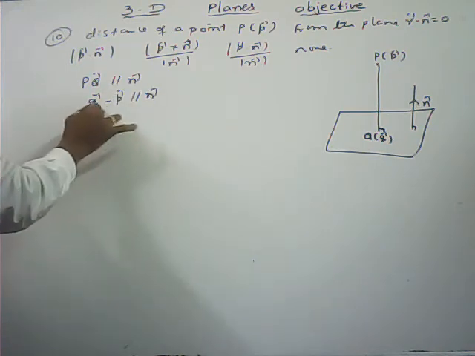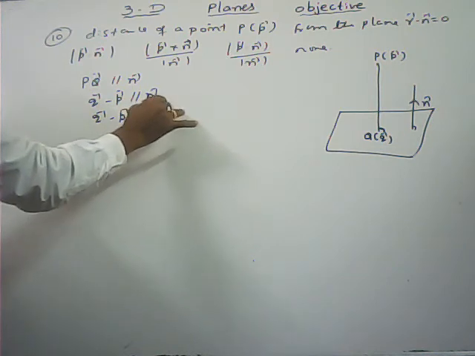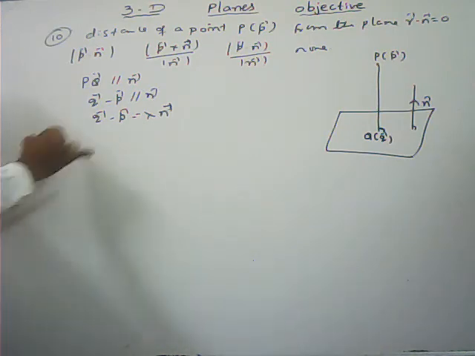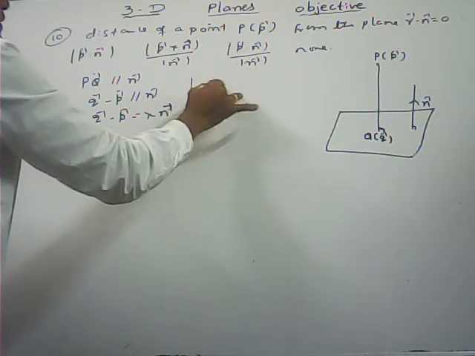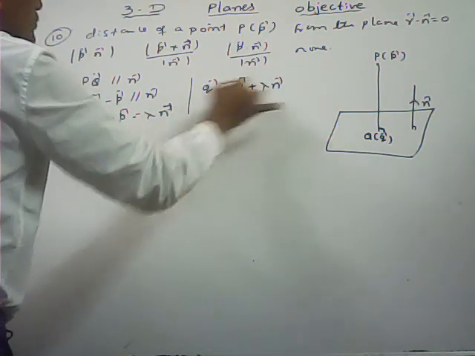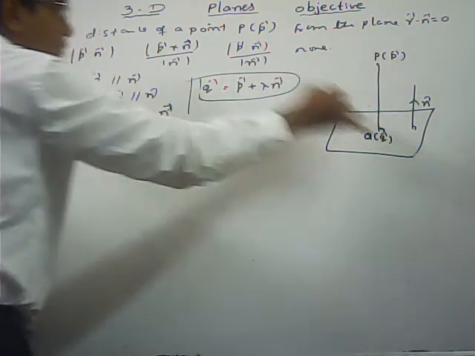Means Q bar minus P bar is equal to lambda into N bar. If two vectors are parallel, then we can express one vector in terms of the other vector by multiplying with lambda. So here Q bar is equal to P bar plus lambda N bar. This one we got. Now we want the distance between the two.